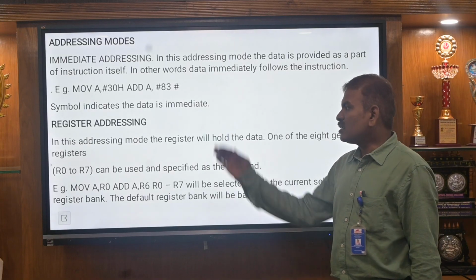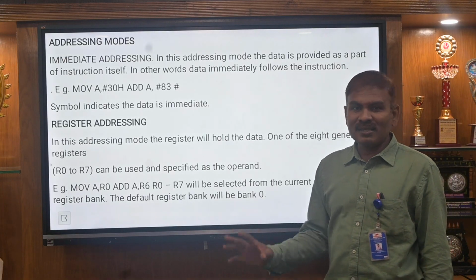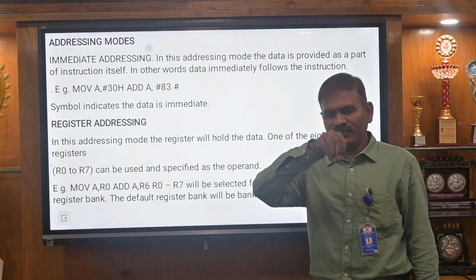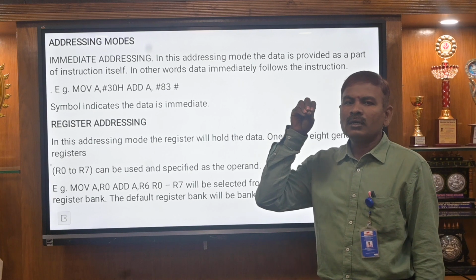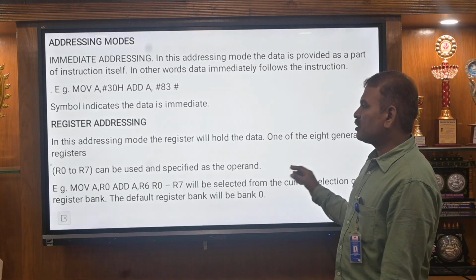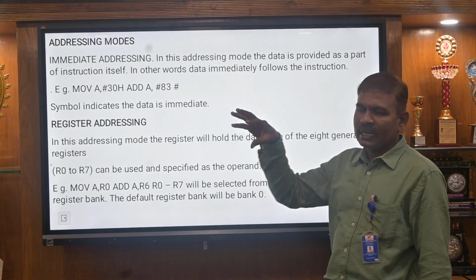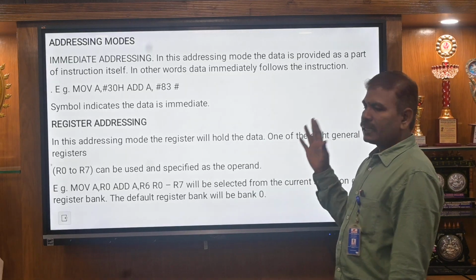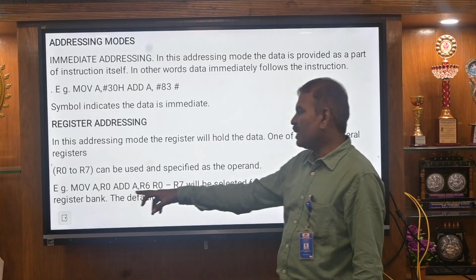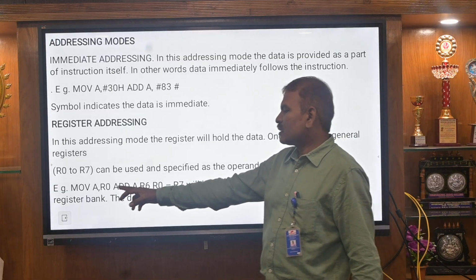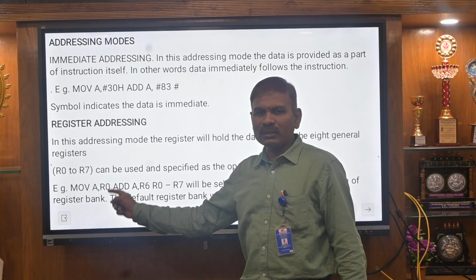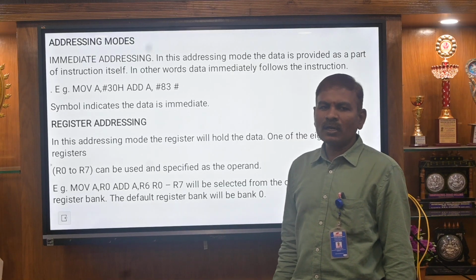Then the register addressing. In register addressing, we specify in that particular register which address we are going to store. That specification is the data we are going to find. For example, register 0 contains a value that we move into the accumulator.